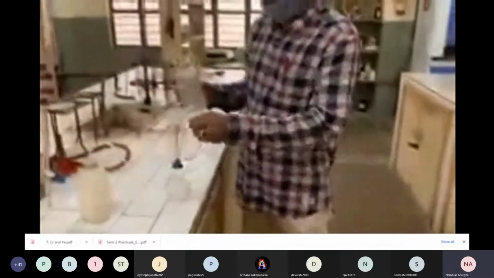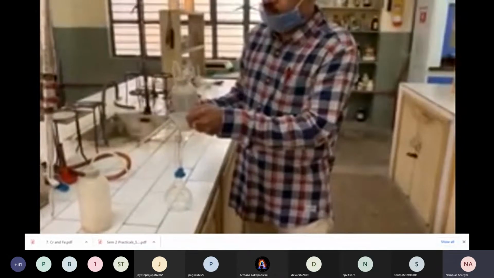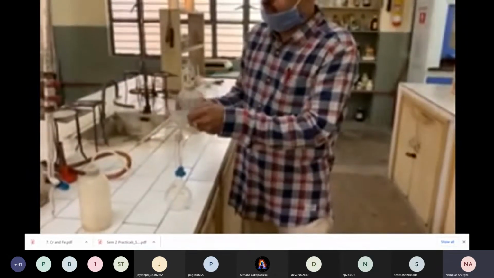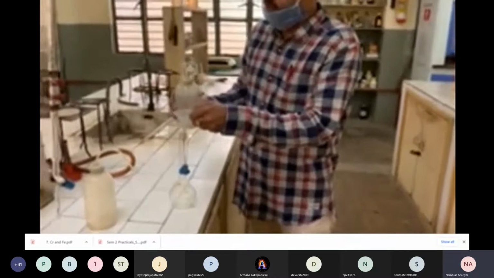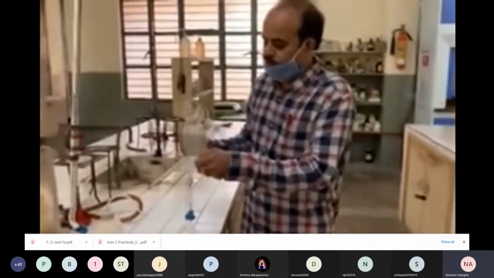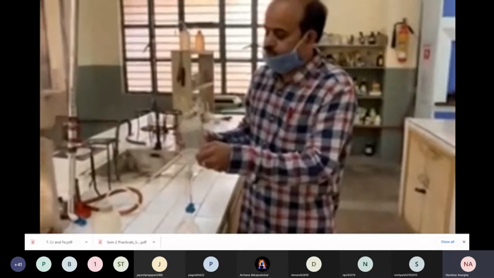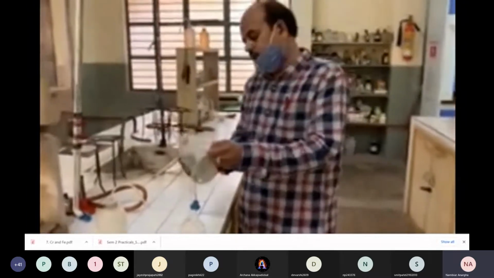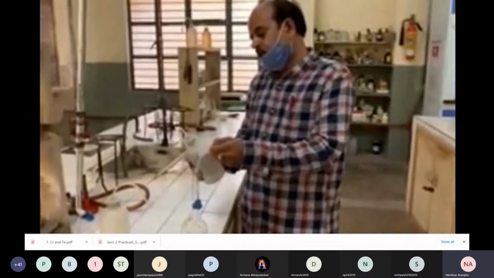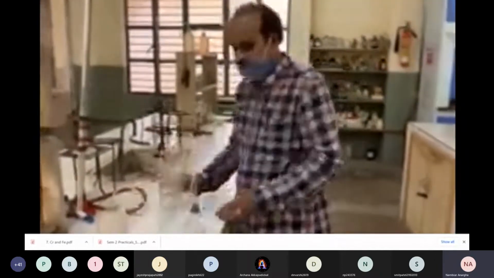For that, I lift the funnel slightly, put some water on this, so that the solid is completely transferred into the flask. After it is transferred, I put a little excess of water so that all the particles sticking to the surface of the funnel go down, and I am going to clean the lower part of this funnel and keep it aside.